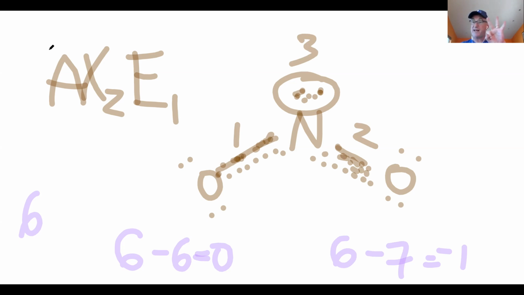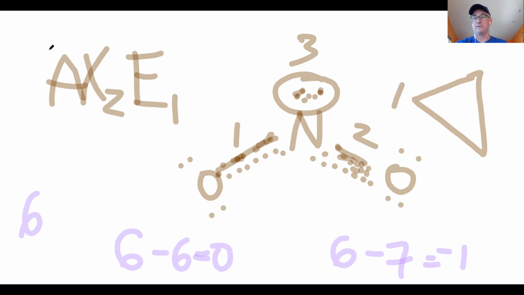So if there's 3 places, 3 regions around nitrogen, what general shape is that? What group is that in? With 3 groups of electrons around a central atom: trigonal planar. Yeah, looks like the triangle. That's the greatest distance that 3 things can be from each other, in that triangle shape in a plane.